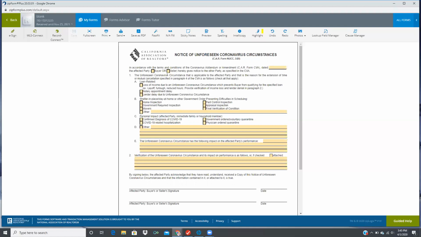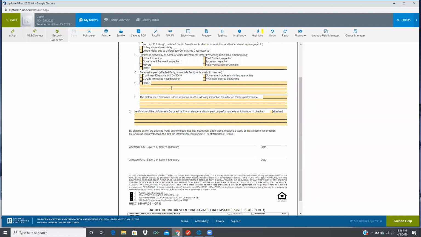But this is talking about who is the affected party. You check the box. The unforeseen coronavirus circumstance that is applicable to the affected party is going to be checked in these boxes down here. If it's an other, you're going to put it there. The unforeseen coronavirus circumstance has the following impact on the affected buyer.